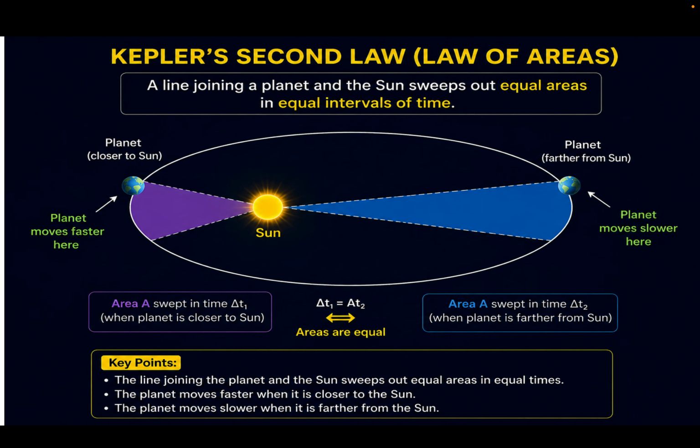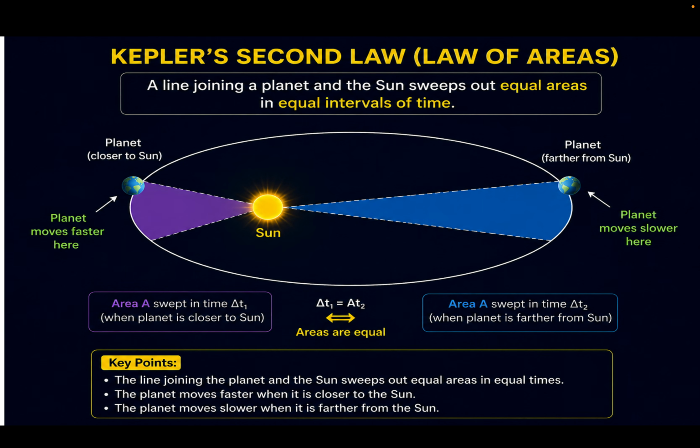In any delta t, the area swept by the earth is always the same. So we can say that a line joining the planet and sun sweeps equal areas in equal intervals of time.